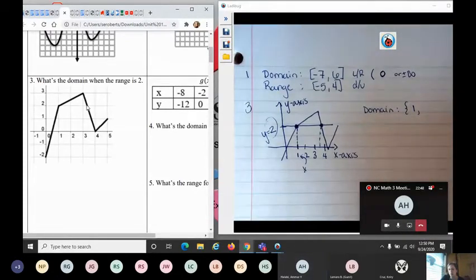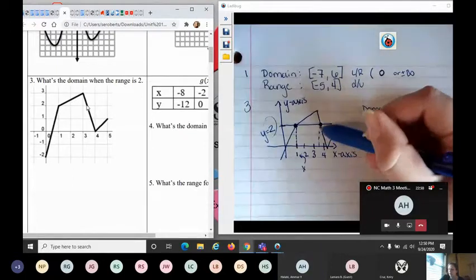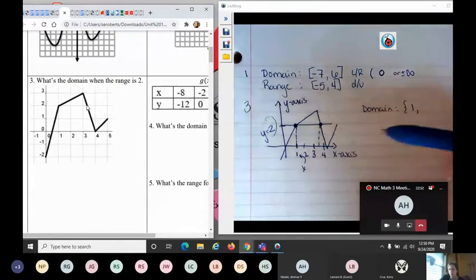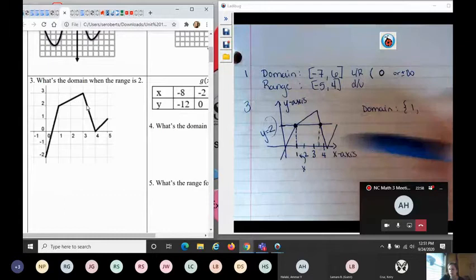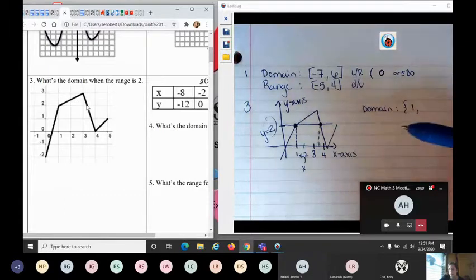So what x value does that point map down to? So about what number is this? You can make a guess because it's not exact. Between 3 and 4? Yeah, so what's the number between 3 and 4? Negative?